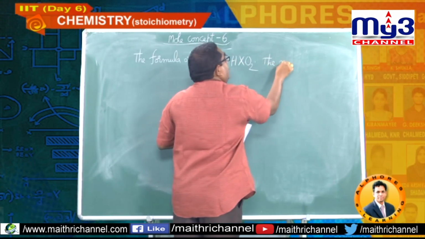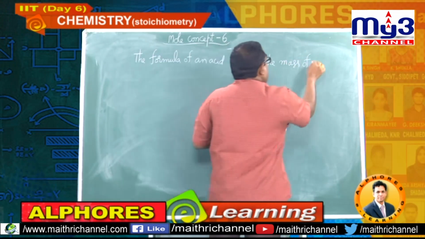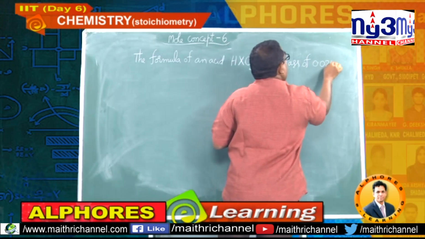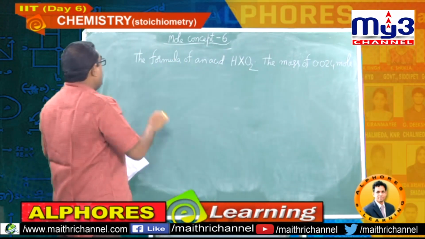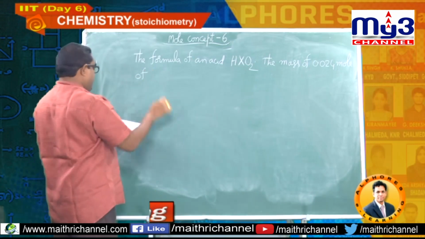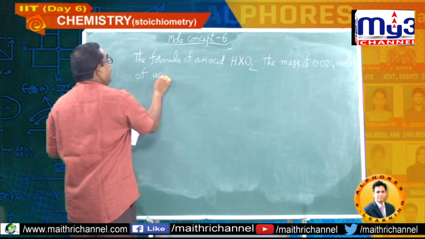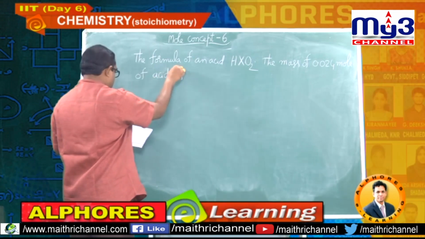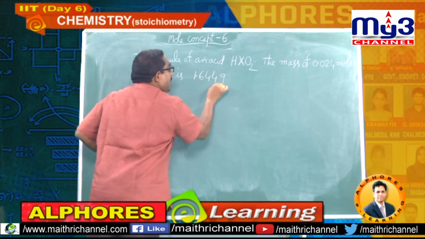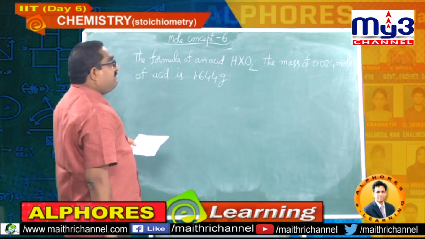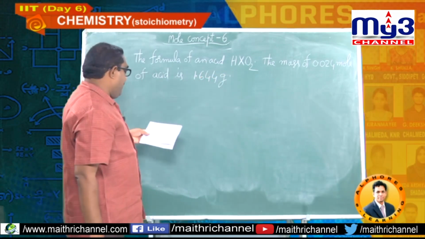The mass of 0.024 mole of acid is 1.644 grams. That is the mass of the acid. He has given 0.024 moles of acid. Write down, students.